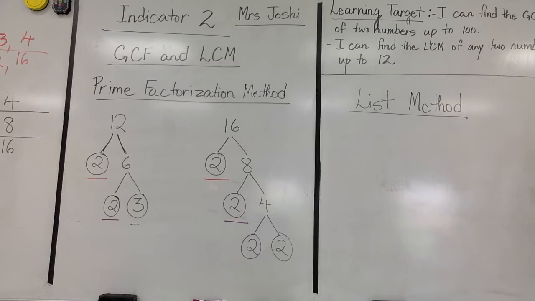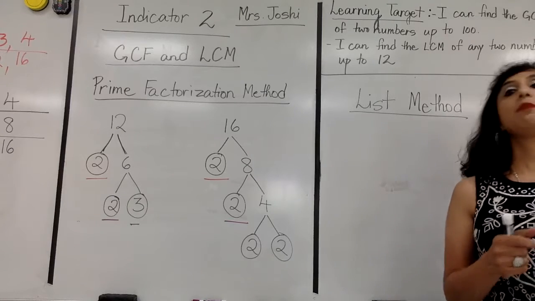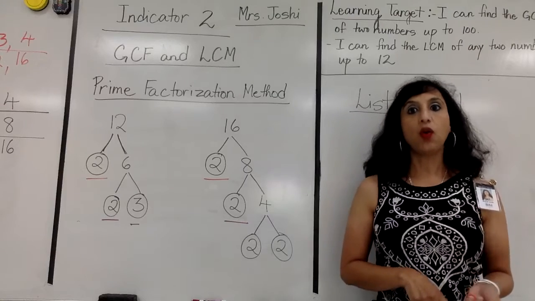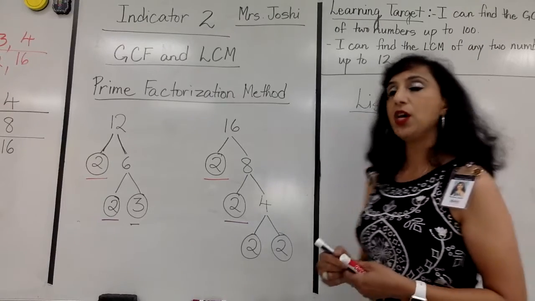The list method is nothing but finding the multiples of 12. Remember we talked about what is a multiple? When I multiply two factors, I get a product, or the multiple.